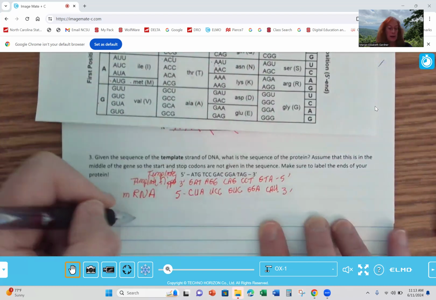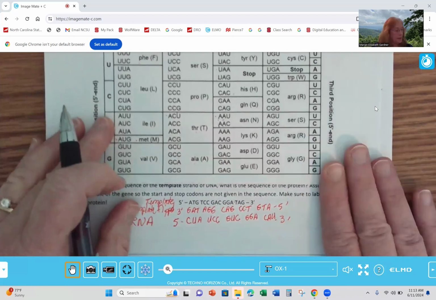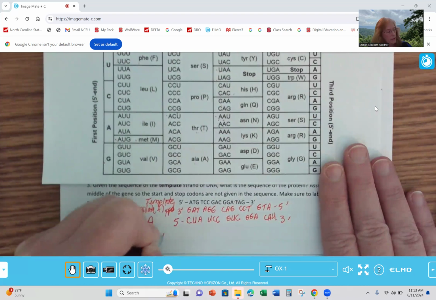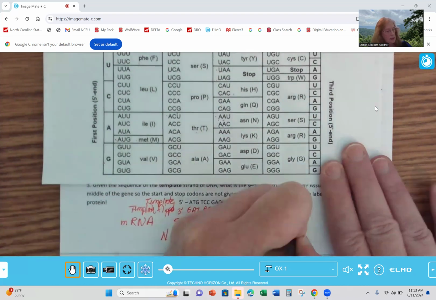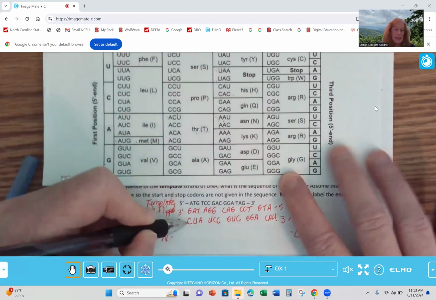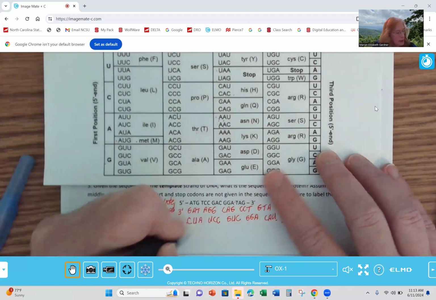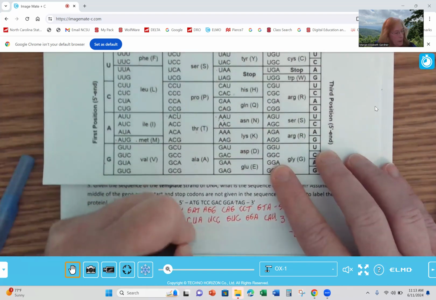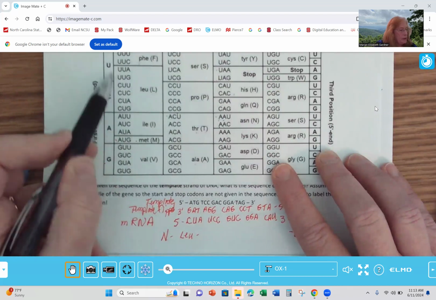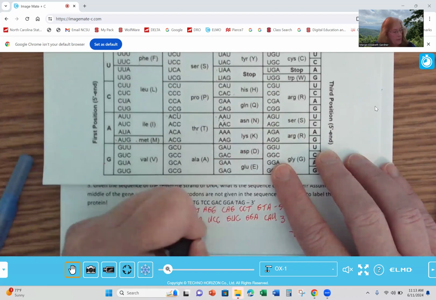And now I can use my coding dictionary to translate that. So remember, we're going to go from the N terminus to the C terminus. CUA is leucine. UCC, there we are, serine.